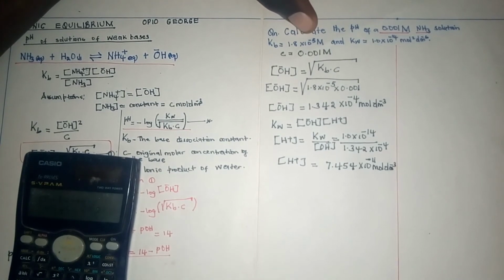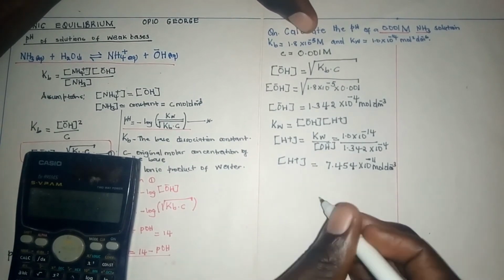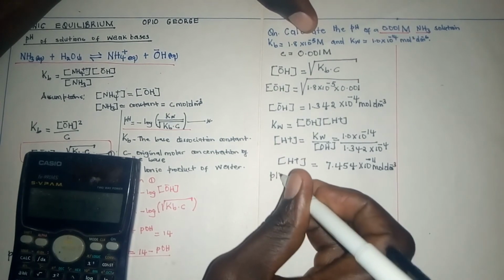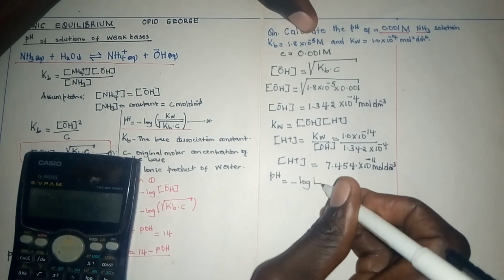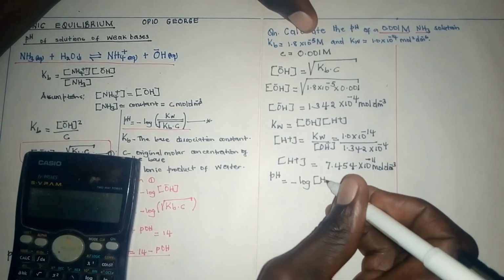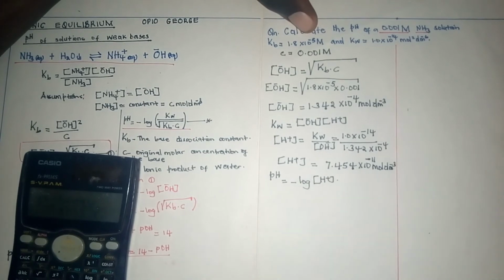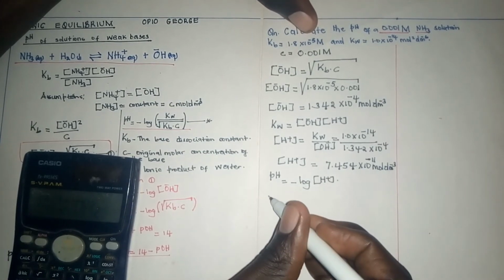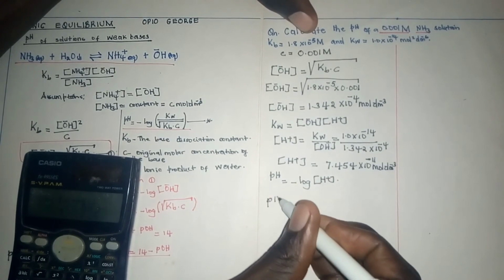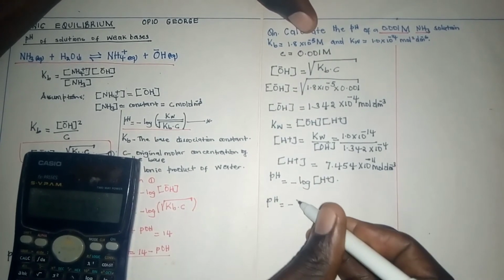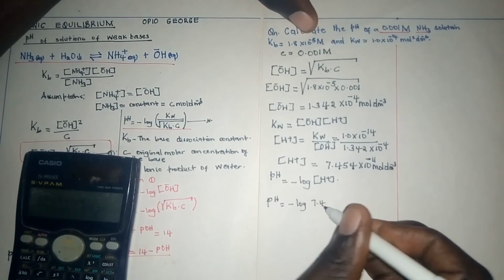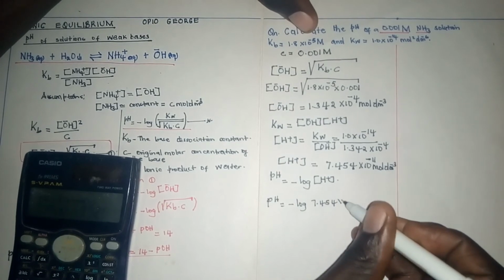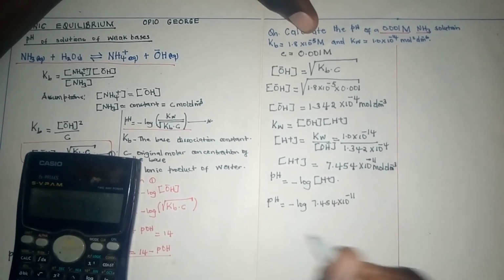Then from there, we can simply obtain the expression pH is given by negative log to base 10 molar concentration of hydrogen ion. And our pH can be obtained by substituting for the value of molar concentration of hydrogen ion, 7.454 exponent negative 11.